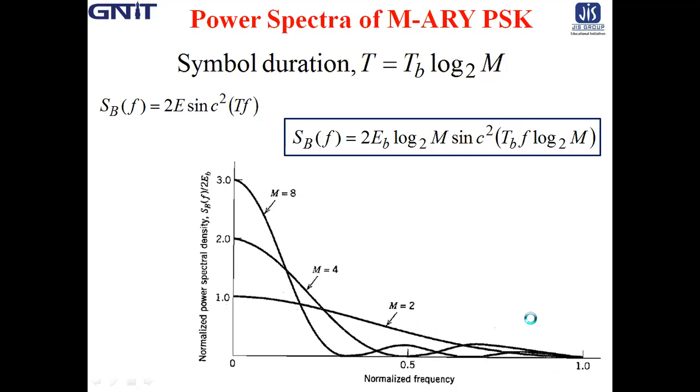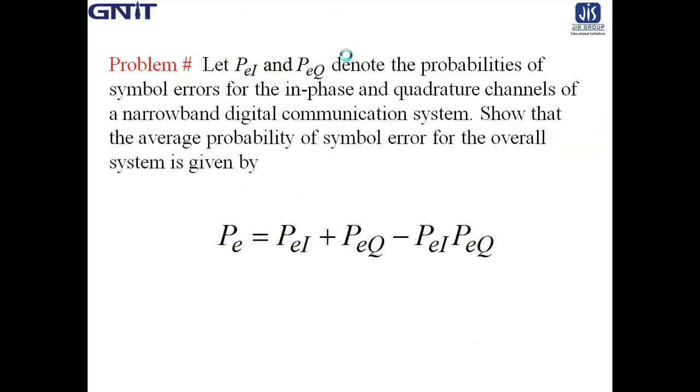Next, I come to a problem regarding QPSK. Very interesting problem. Let PeI and PeQ denote the probabilities of symbol errors for the in-phase and quadrature channels of a narrowband digital communication system.